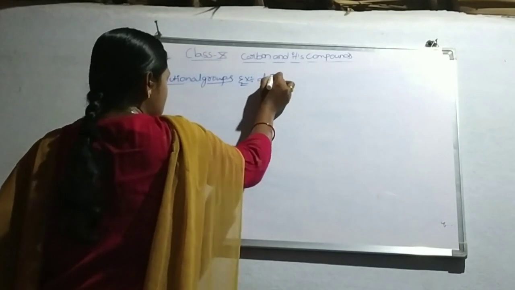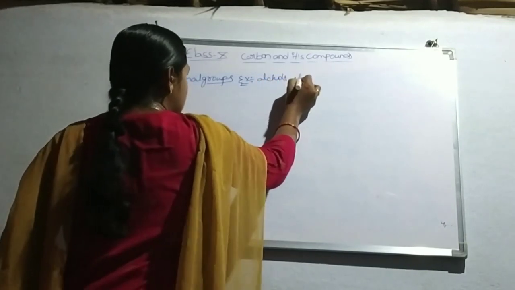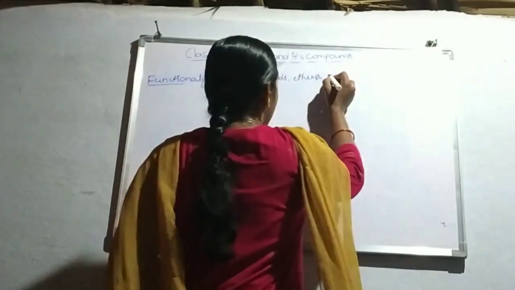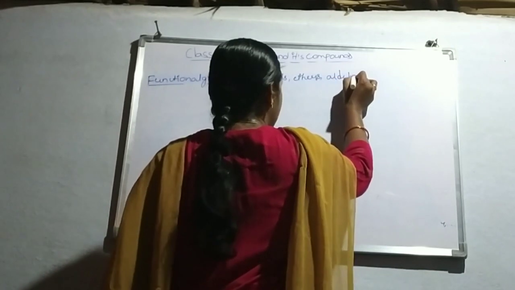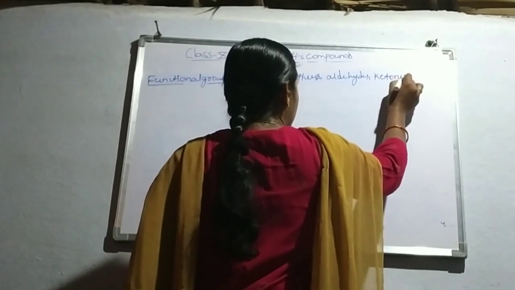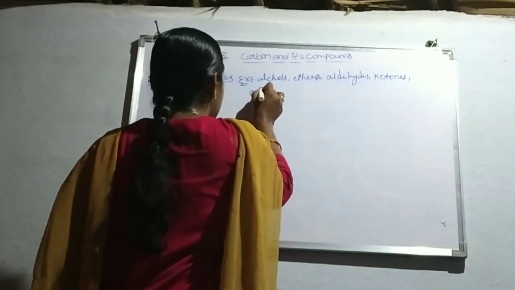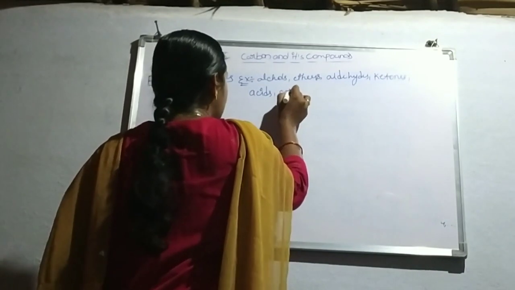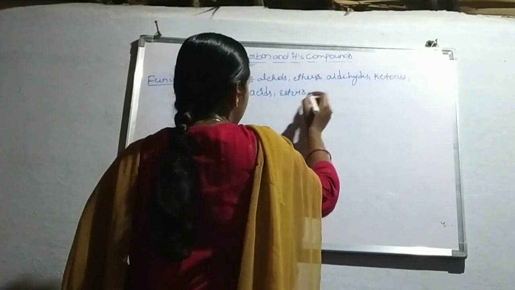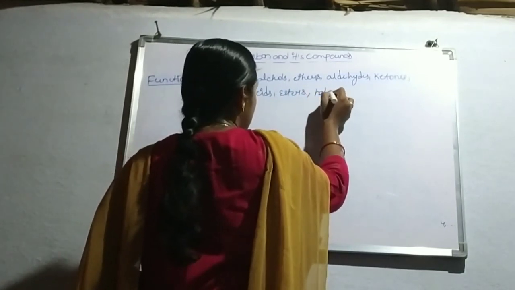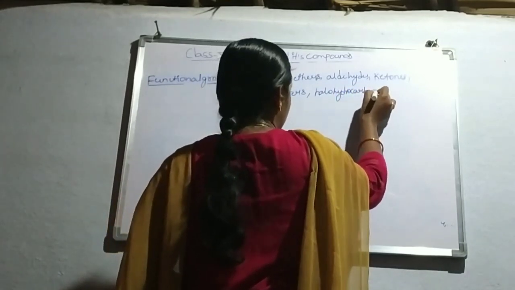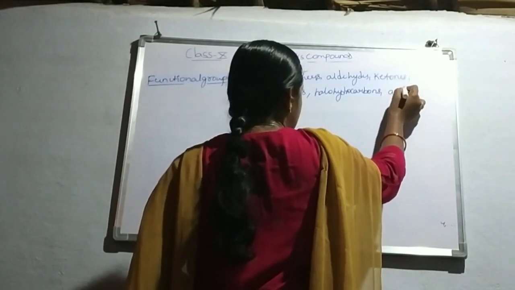Those are alcohols, ethers, aldehydes, ketones, acids, esters, halohydrocarbons, and amines.